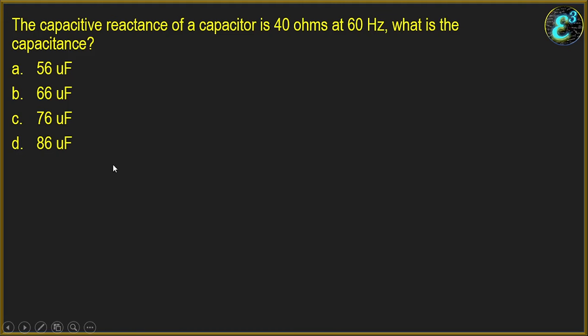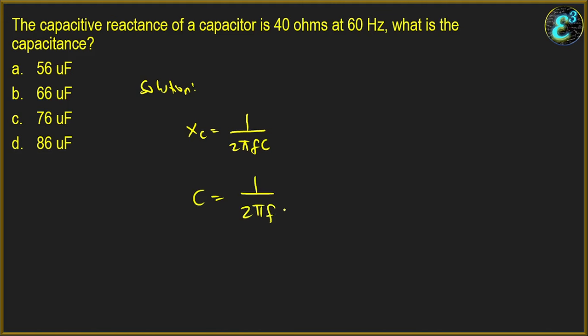Okay, next. The capacitive reactance of a capacitor is 40 ohms at 60 Hz. What is the capacitance? The solution. If we are going to solve for the capacitance, we have C equals 1 over 2 pi f XC.